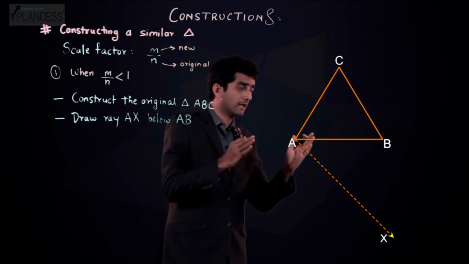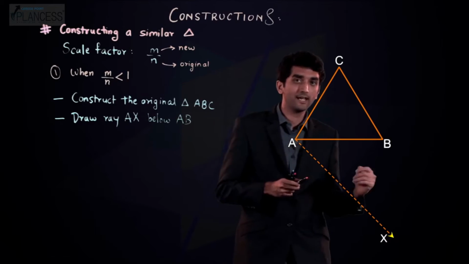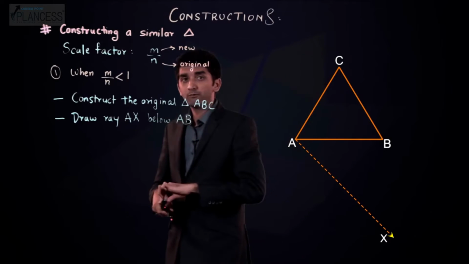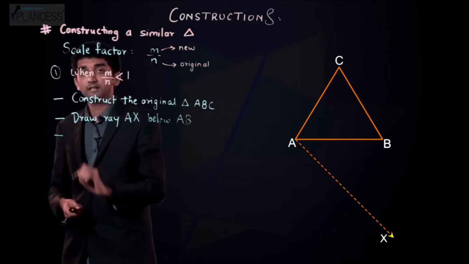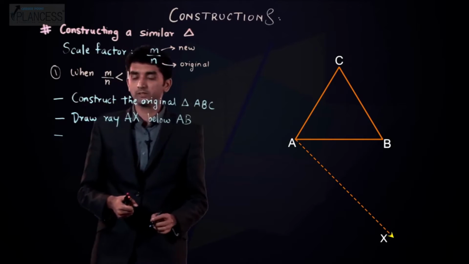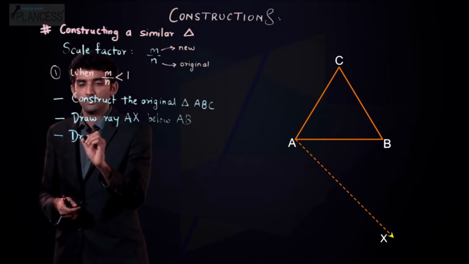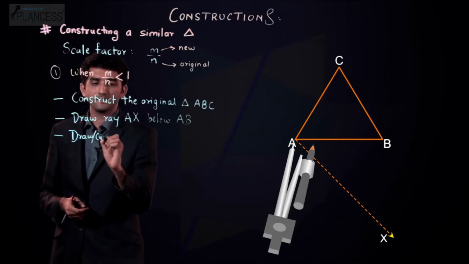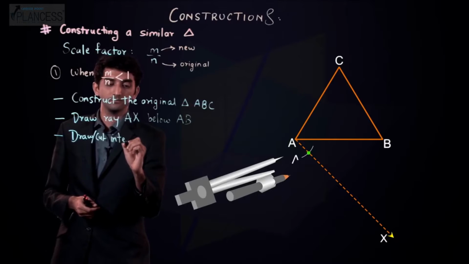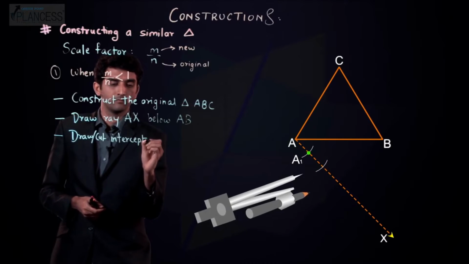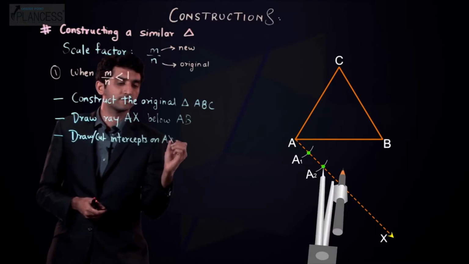Now we have this triangle ABC, we have AX as the ray. What we have to do next is, again as we had done in the very first concept of this chapter, draw or cut intercepts on ray AX.